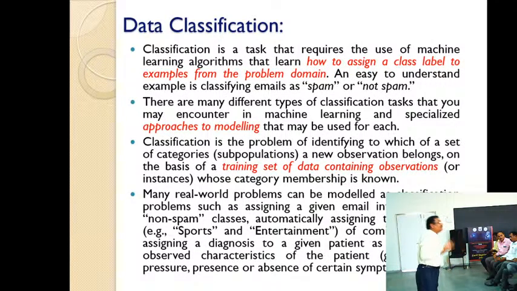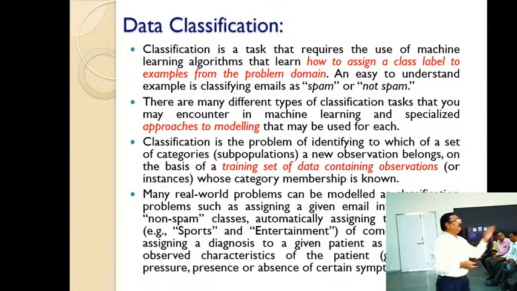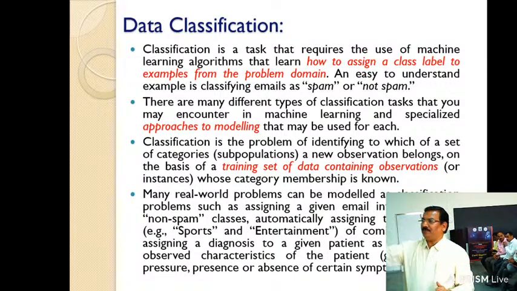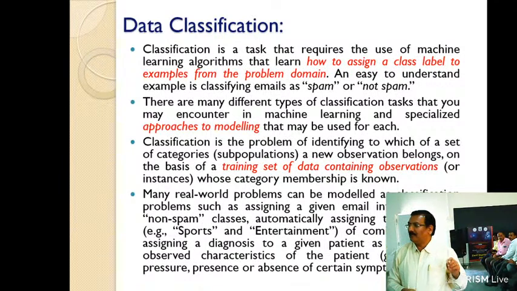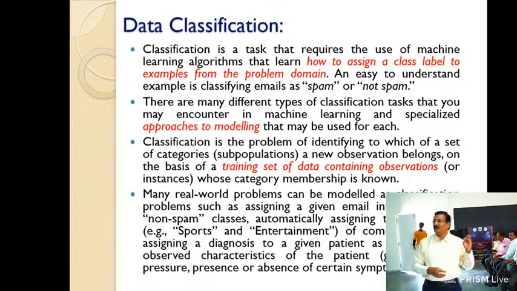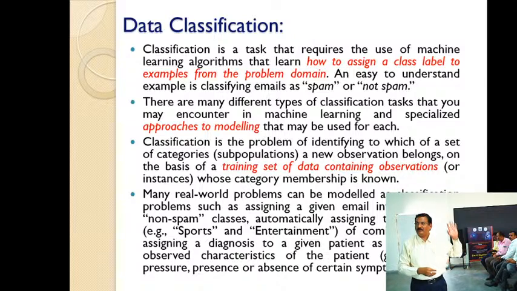So the classification is based on making the label of that one and trying to make the classification of it. The classification is based on labeling of that particular data item. Classification is a task that requires the use of machine learning algorithms that learn how to assign a class label to examples from the problem domain.